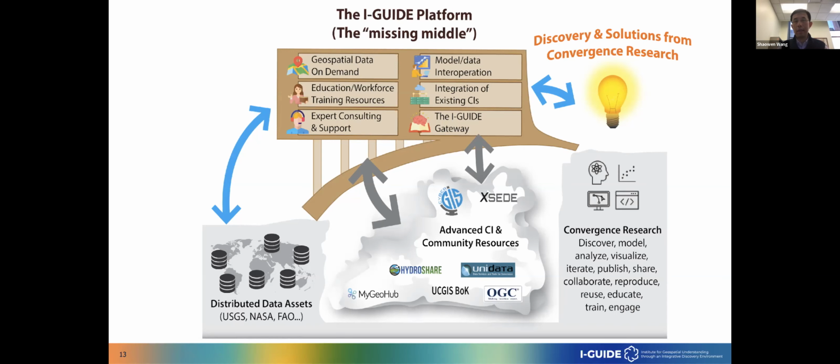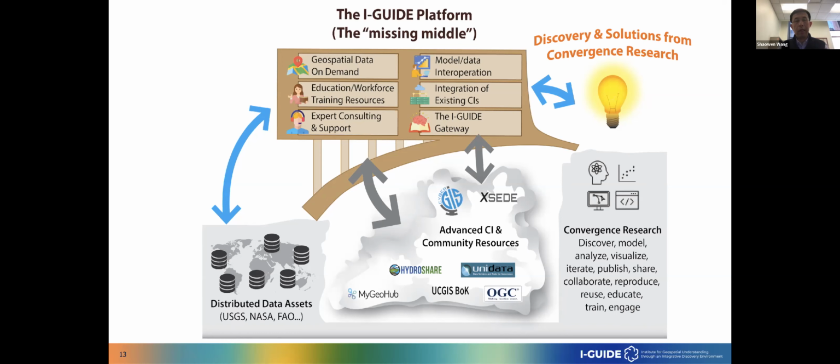And you need to draw this data together, and then you need to combine them with domain-specific models that might be running also in different computational environments. But from individual scientist perspectives, you don't want to directly deal with these data sources or different models. You would rather want to have a holistic, easy to work with discovery environment that allows you to focus on your science problems and questions.